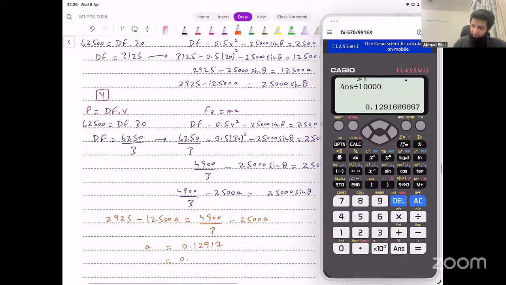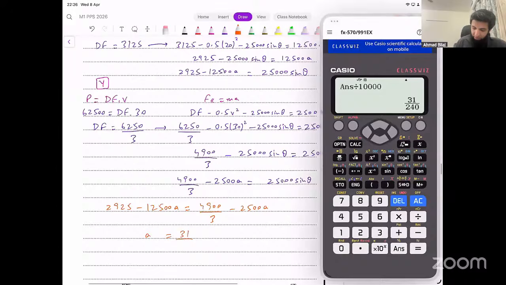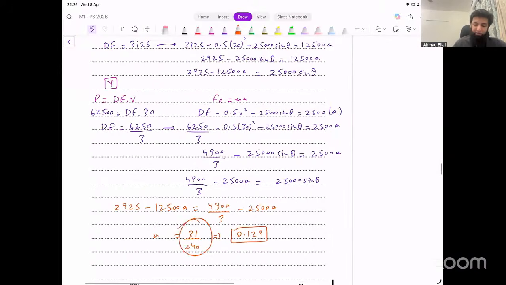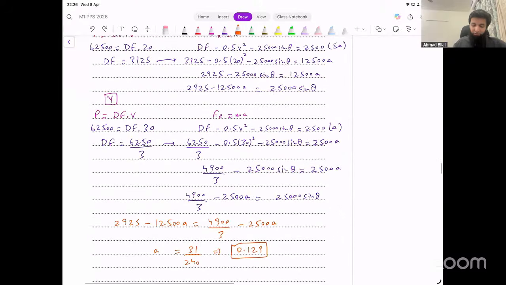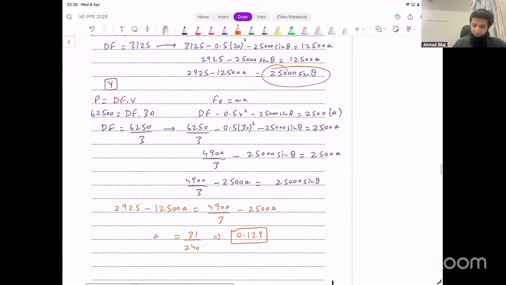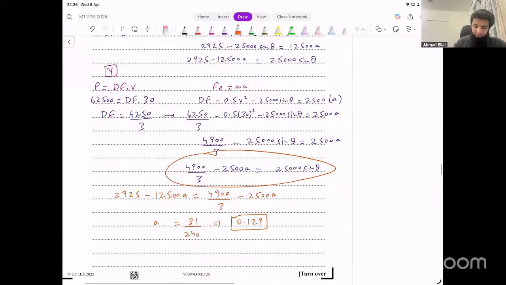Let's actually write down the more accurate number first, and then I'll write the decimal. 31 over 240, which in decimals is 0.129. That's the value for acceleration. Yes, that's actually better if you just use the fraction. Once we've got acceleration, now put that back in this, or in this. Any of them will work.